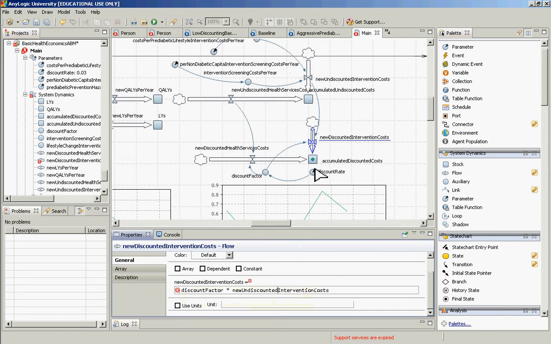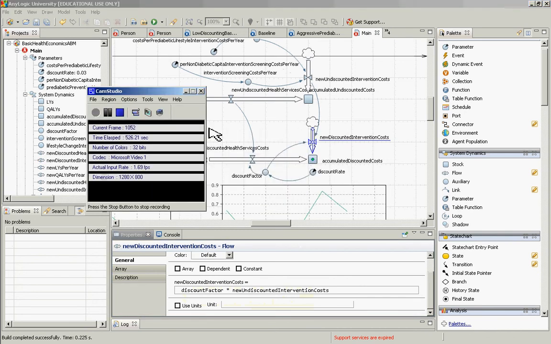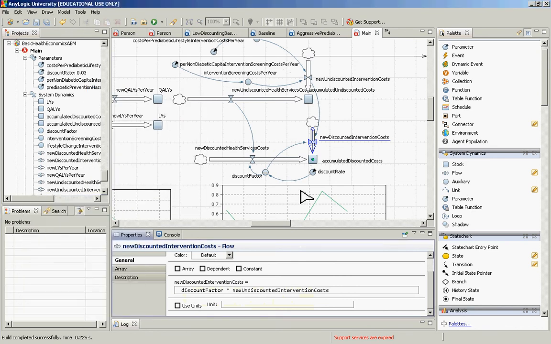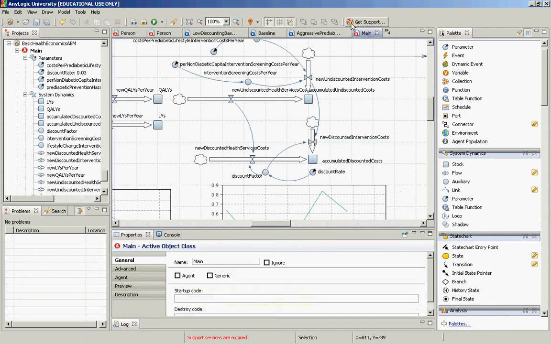Normally, AnyLogic is pretty good about following those names through, but there we go. Okay, so we've fixed up these components down here, so that the discounted costs are indeed the discounted versions of the undiscounted costs.